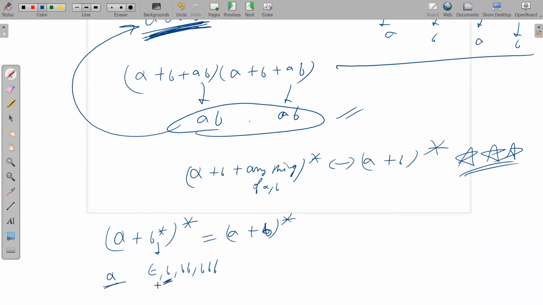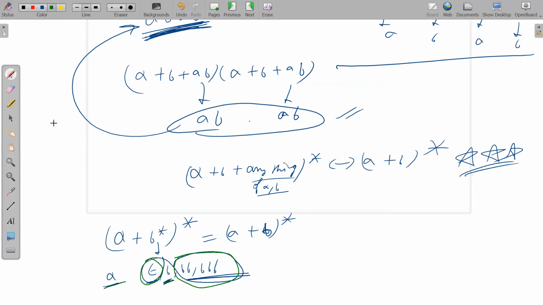So a plus b, and these are something extra from a, b. I have already told you, anything you can keep. So this will come in the anything part. Okay, let me use a different color. These all things will come in anything. So since you are getting a, b, that means every possible string over a, b you will get.